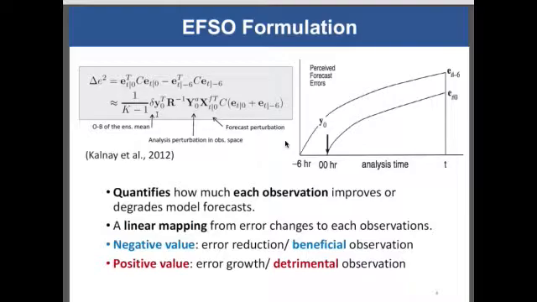It's very similar to the adjoint FSO, but it's much simpler to compute because everything is available from the ensemble, from the data assimilation, so you don't need to compute these things.